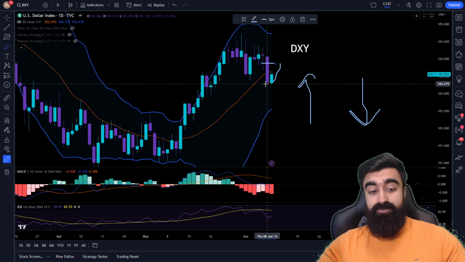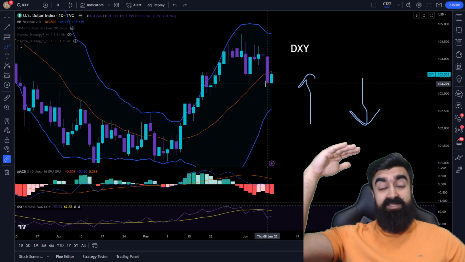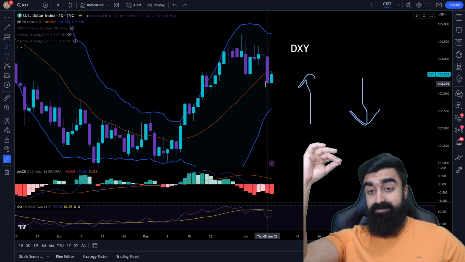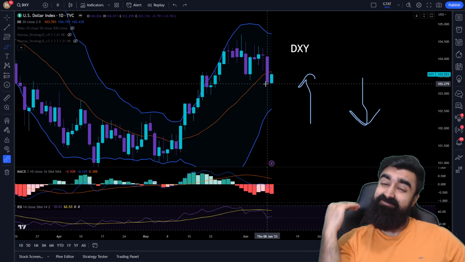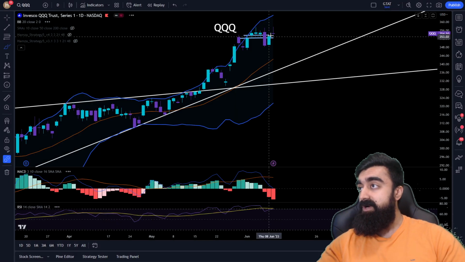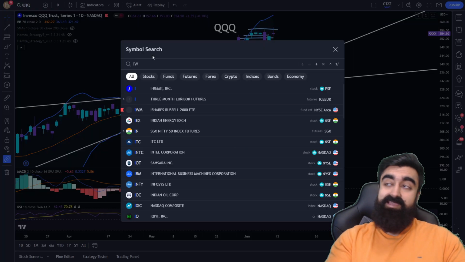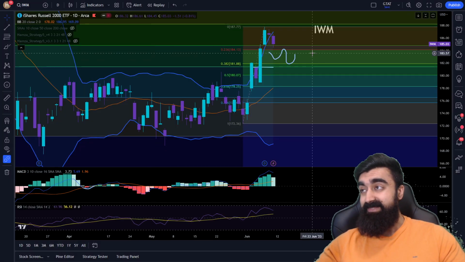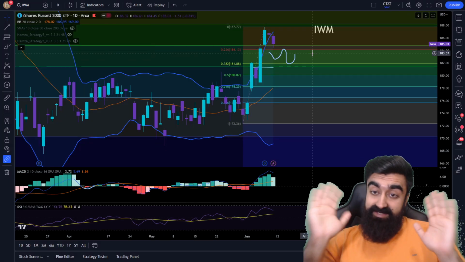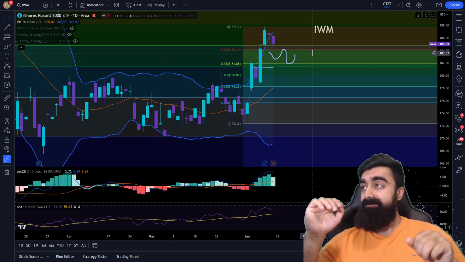And with the dollar showing support like this, with the VIX also showing support, with the SPY showing a bit of a top, with the NASDAQ failing to close above levels of resistance, and with the IWM showing weakness like this, just be careful about being extremely, extremely bullish.